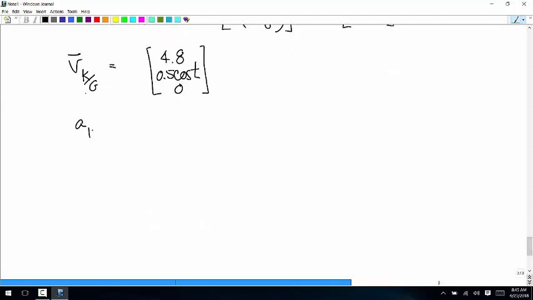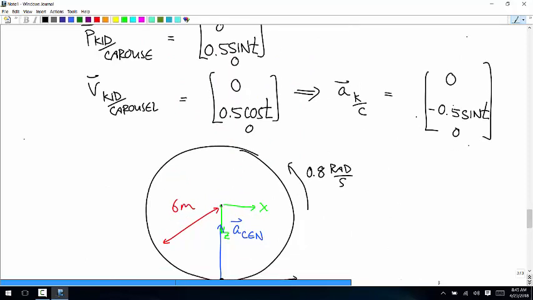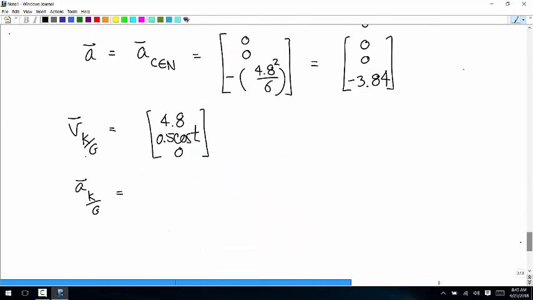And the acceleration of the kid relative to the ground is, relative motion says, negative 0.5 sine t in the y direction, negative 3.84 in the z direction.